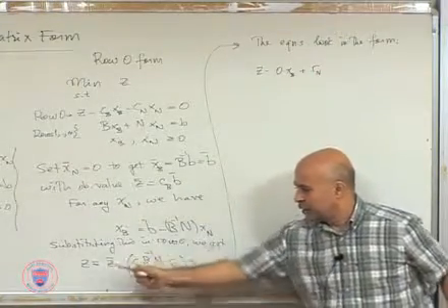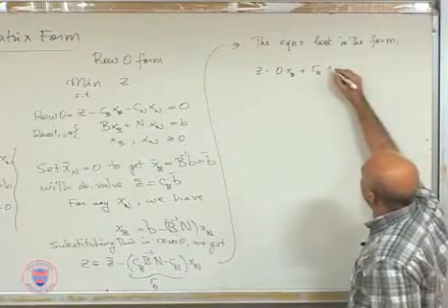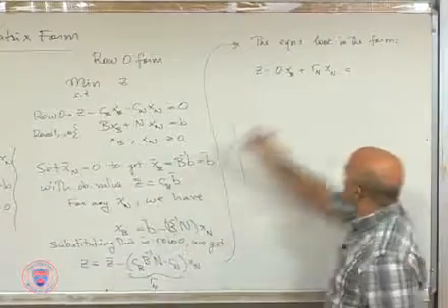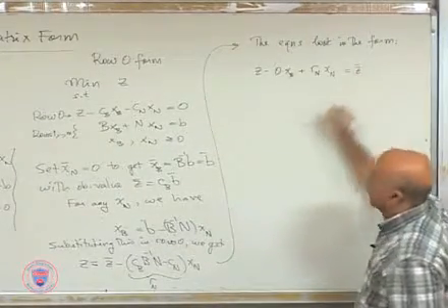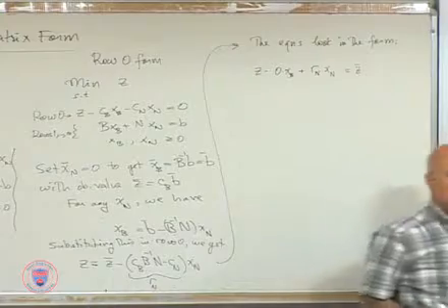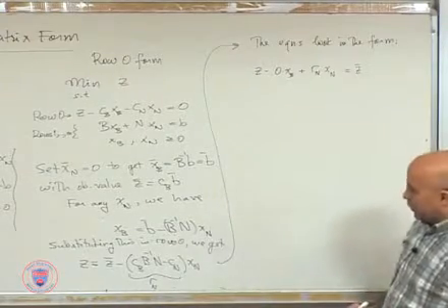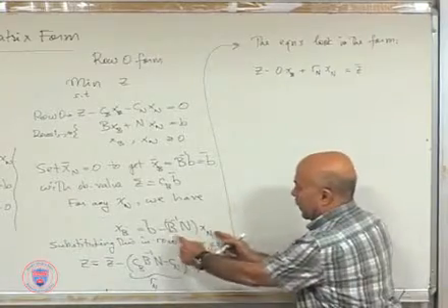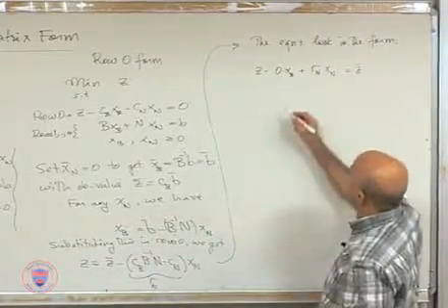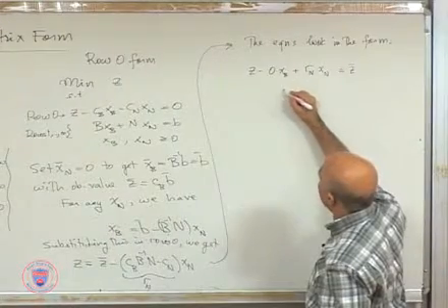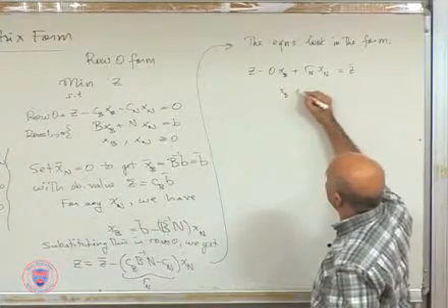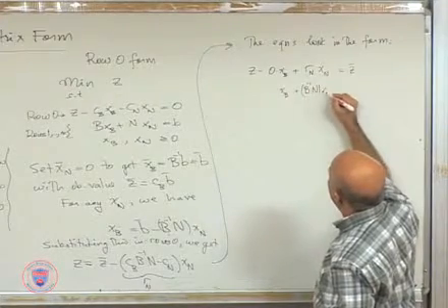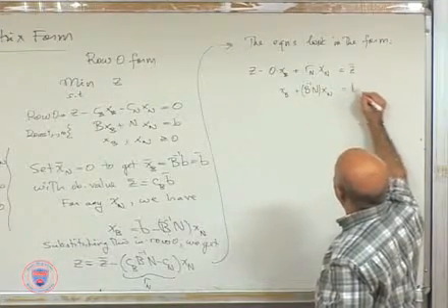The negative becomes plus here, times xN is equal to z bar. That's your row 0. And then the second part, what is the second part? It's this part with xN transferred to the right side. So identity times xB plus B inverse times N xN equals b bar.